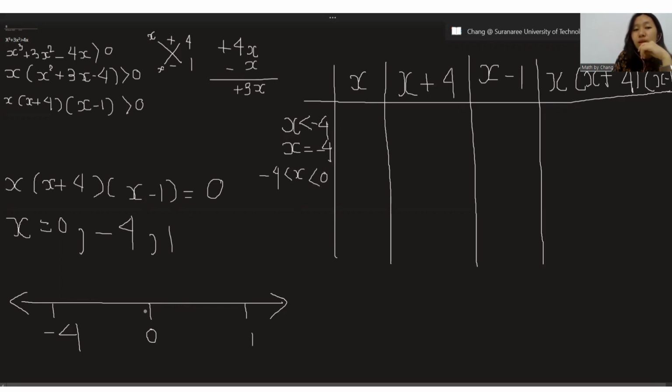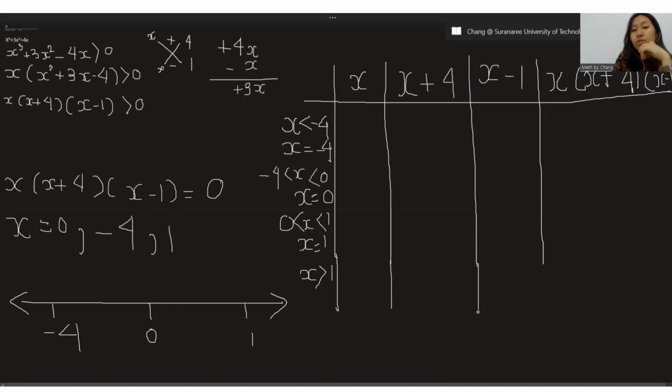And at x equals 0, and between 0 and 1, and the next is x equals 1, and the last is x greater than 1.